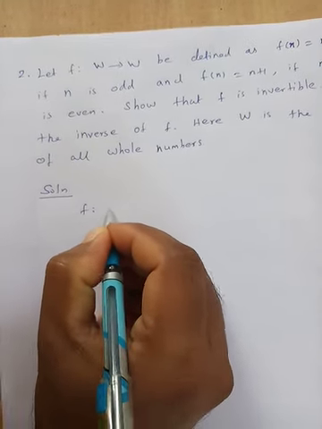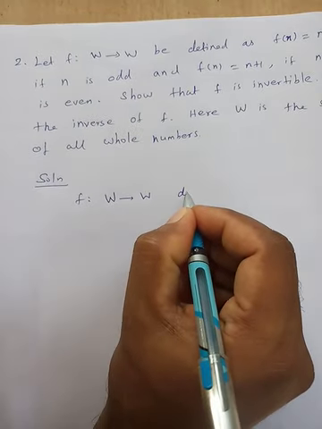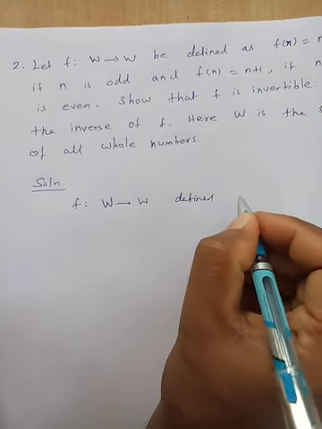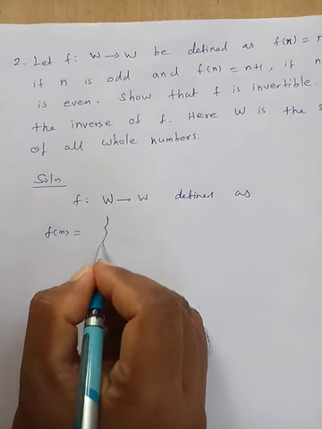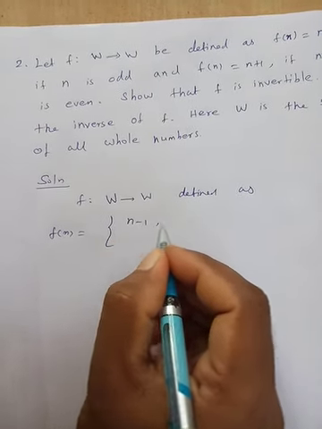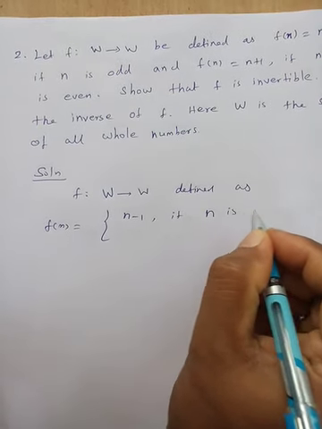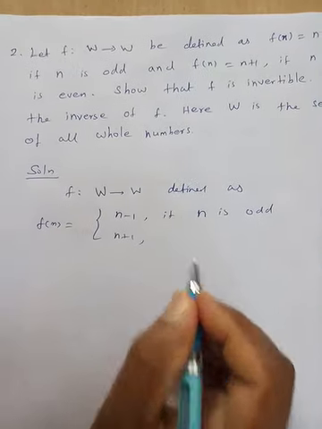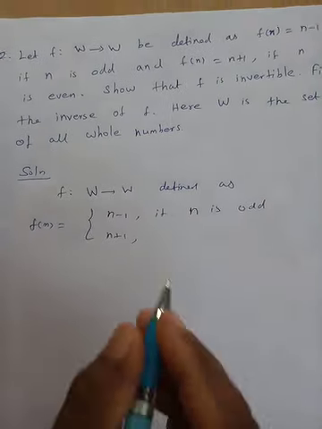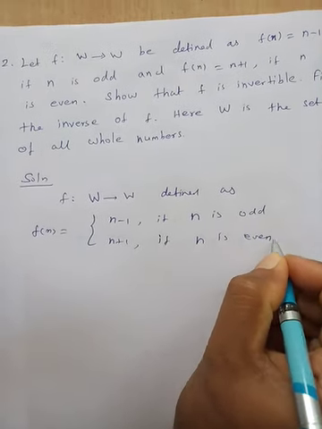f from W to W defined as f of n is equal to n minus 1 if n is odd, n plus 1 if n is even.